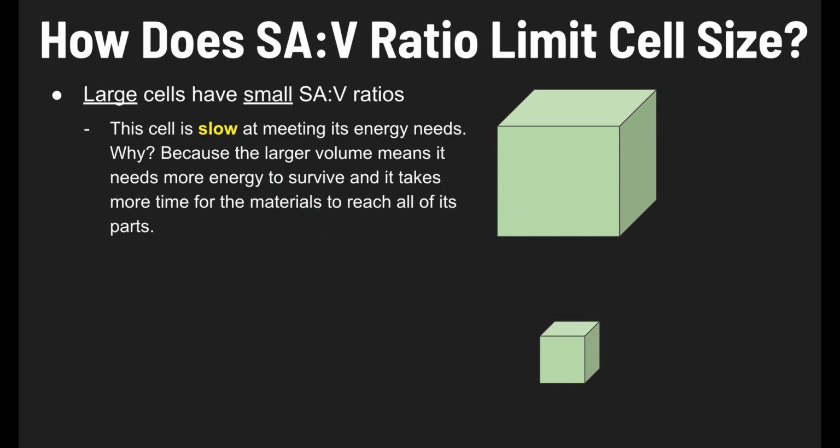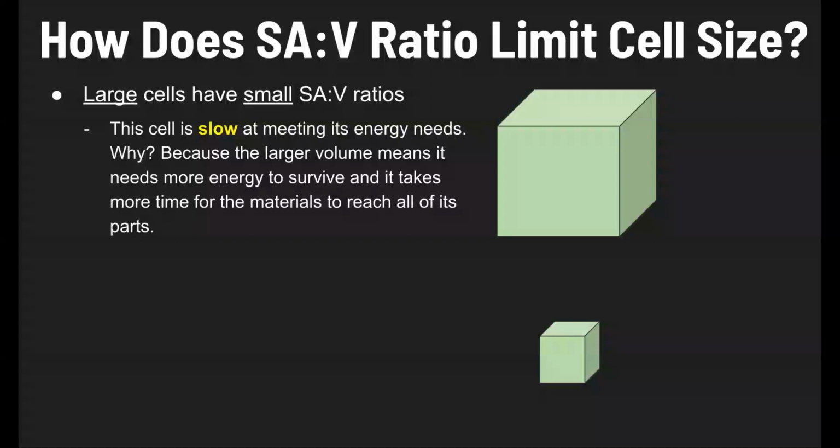If a cell has a small surface area to volume ratio, then that cell is going to be slow at meeting its energy needs. So it needs energy to survive, but it's going to be really slow at getting the energy that it needs. Now, why is that? Well, since it has a larger volume, that means it needs more energy to survive.